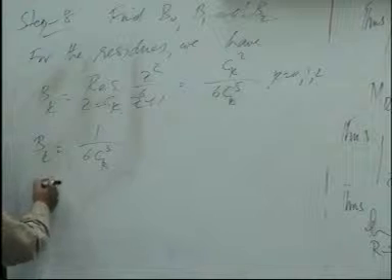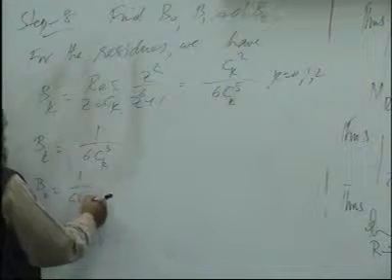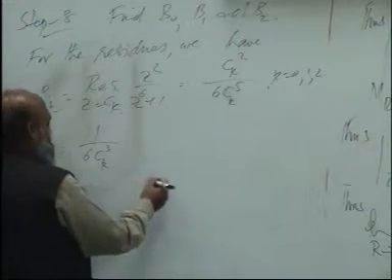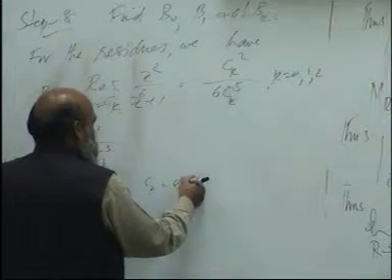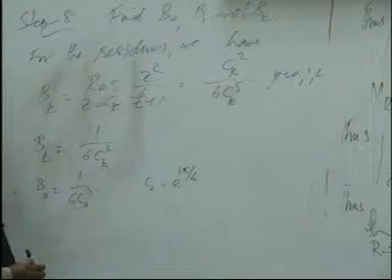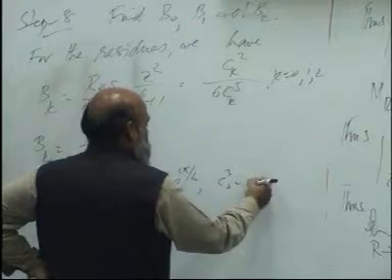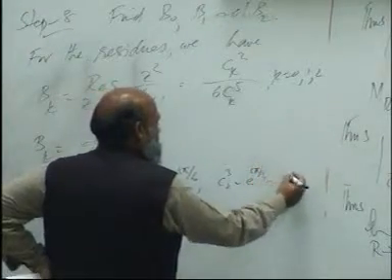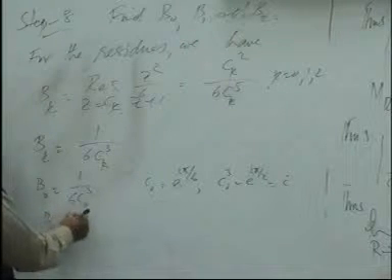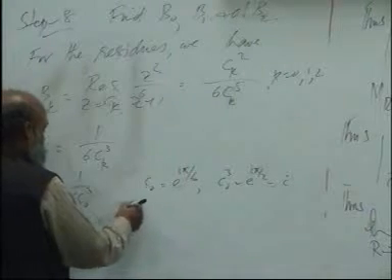So what is B0 here? 1 over 6 C0 cube. C0 is exponential iota pi by 6. So C0 cube is exponential iota pi by 2. This is iota. So B0 is 1 over 6 iota, or minus iota over 6.